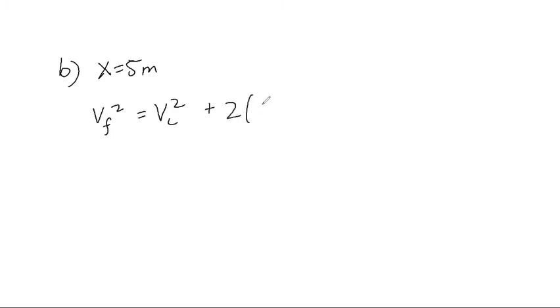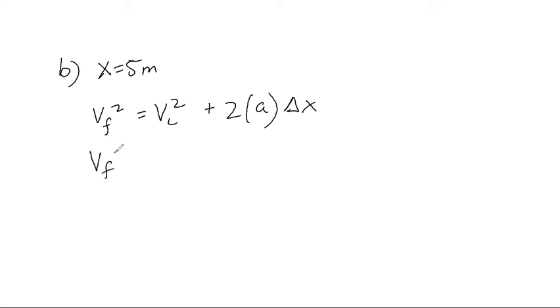All right, in part B, we want to know the ball's velocity at x equals 5 meters, positive meters. Okay, so we're going to use V final squared equals V initial squared plus 2 times A times delta x, where delta x is 5 meters.